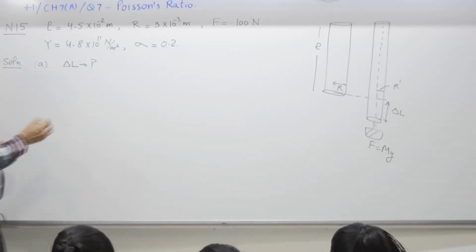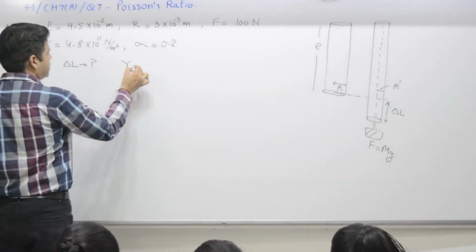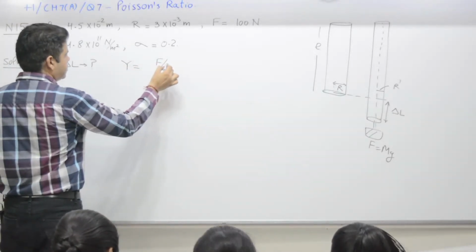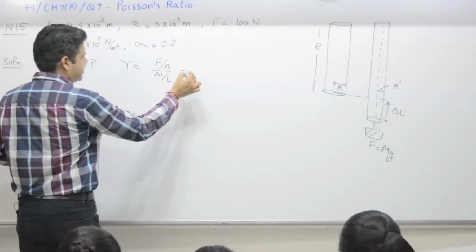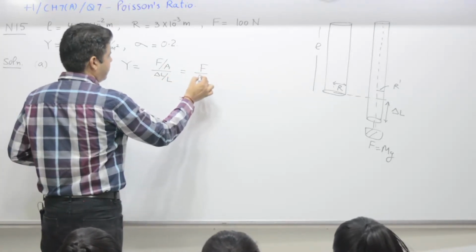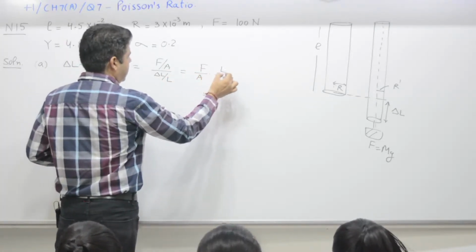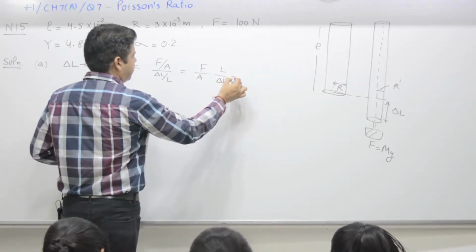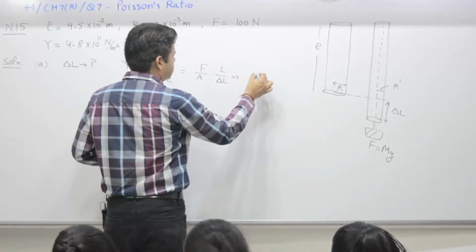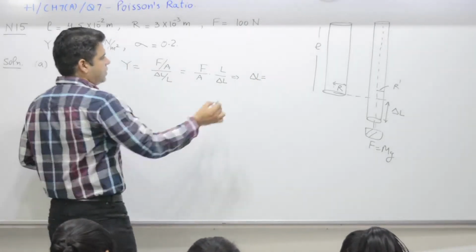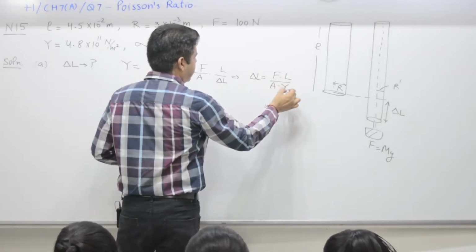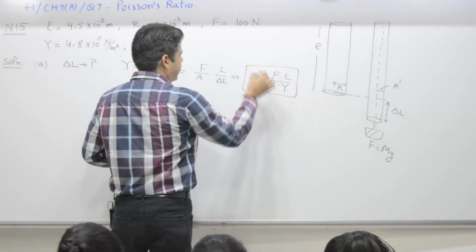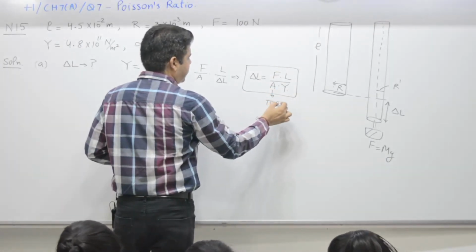Formula: Young's modulus is equal to stress by strain, is equal to F by A over delta L by L. Means extension delta L is equal to F L over A Y. Area is equal to pi r square.